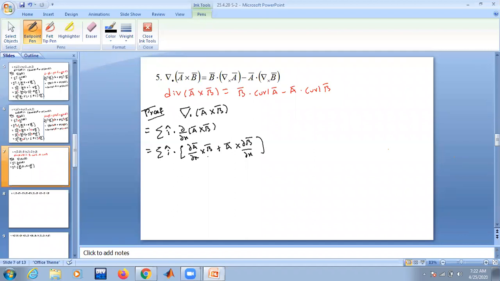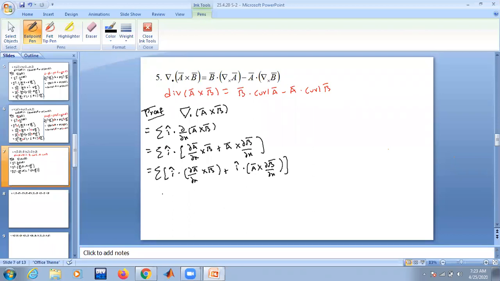And we know dot product is distributive over addition. So I can write it as sigma i dot dou a bar by dou x cross b bar plus i dot a cross dou b bar by dou x.